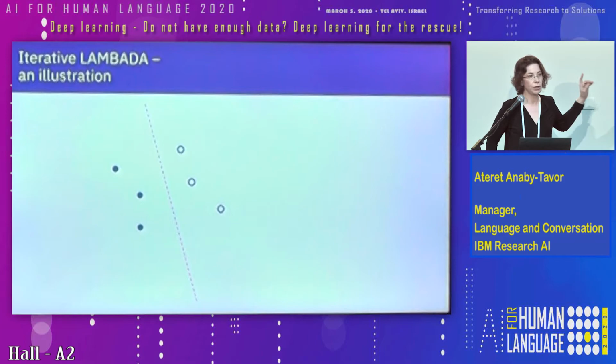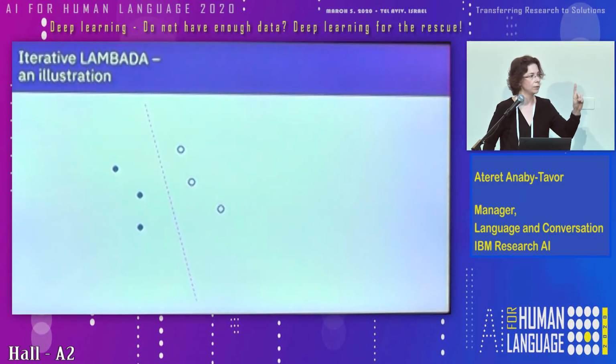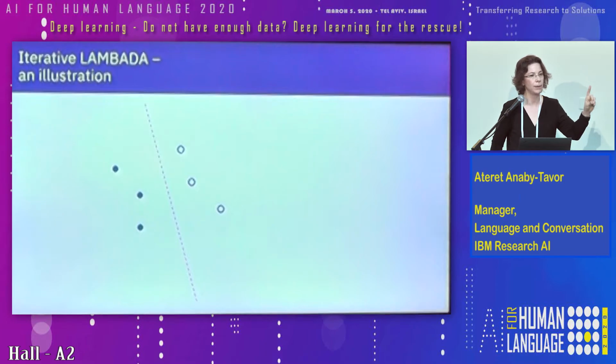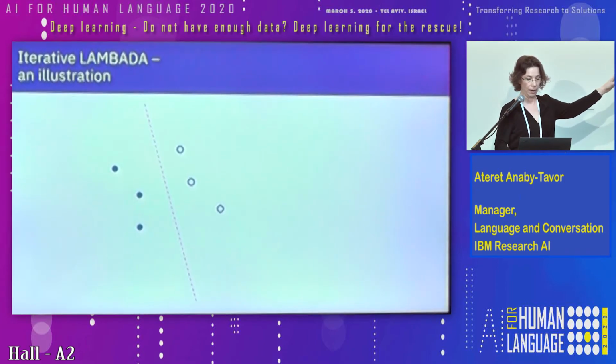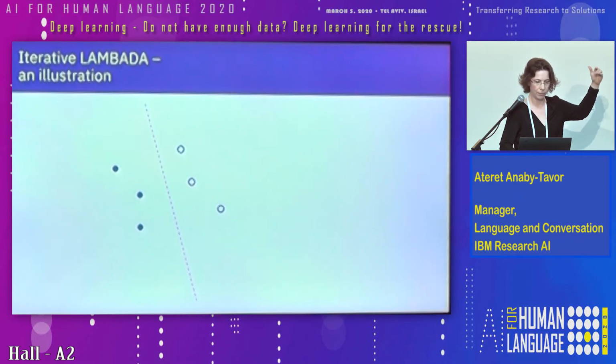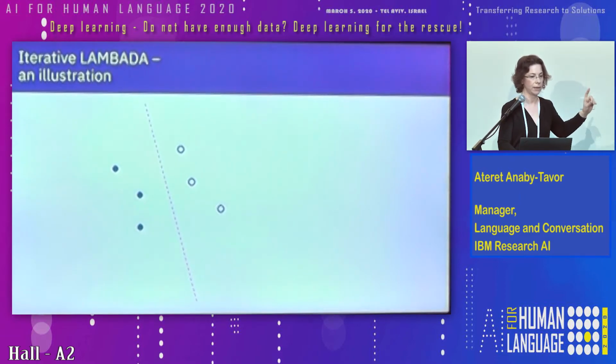But the illustration here is iterative, and Lambada, the results that you saw before, is for one iteration only. So the results that we reported in the paper were for one iteration. Now we experiment in the lab with iteratively employing Lambada again and again and again. And the way is as follows.